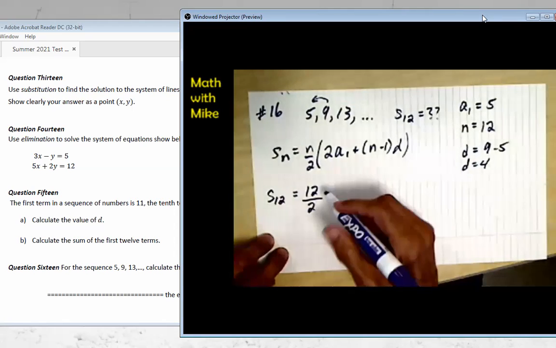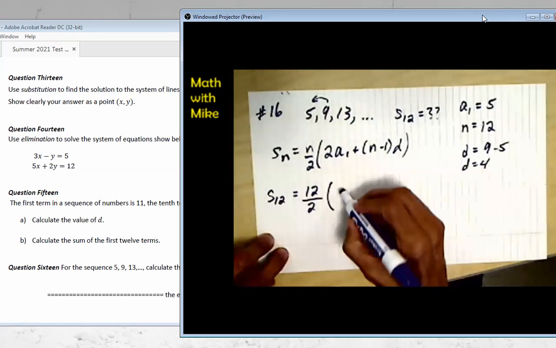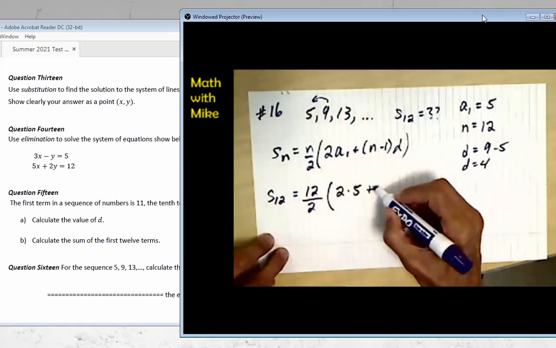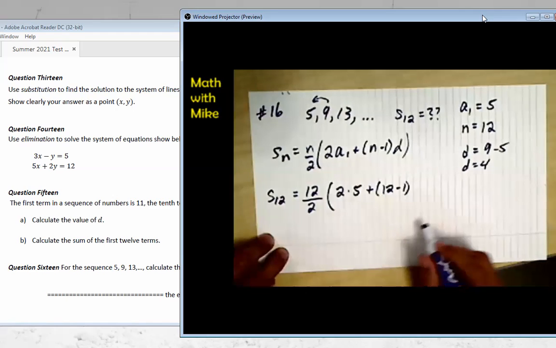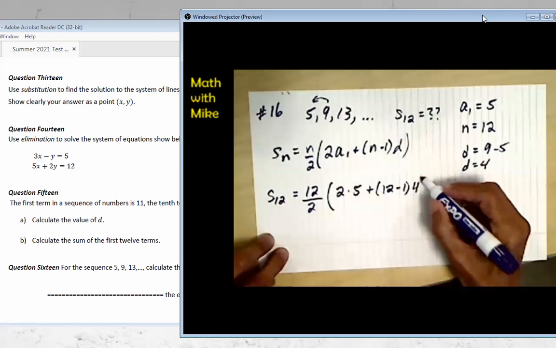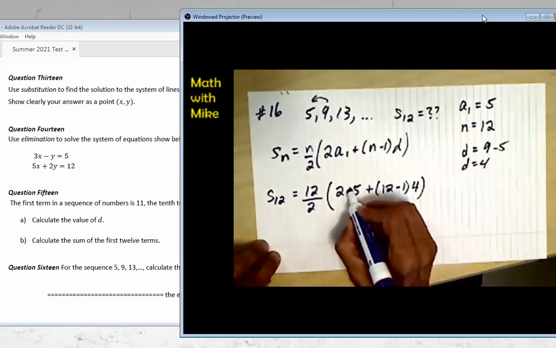It'd be wrong. So be careful, 12 goes in for n. What goes in for a1? 5. What goes in for n? Still 12. And D, way nicer than the other question, not 59 over 9, 4. This isn't a decimal, this means times.